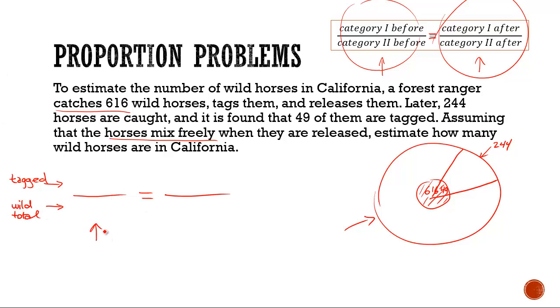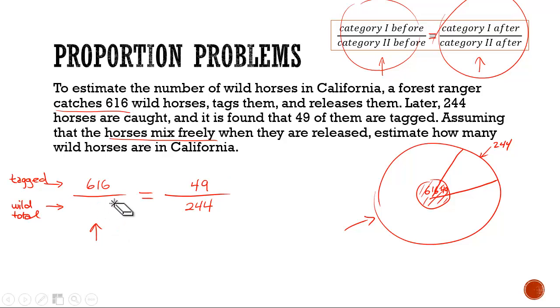And in case 1, instance 1, we don't know how many are total, but we do know that we've tagged 616 of them. So 616 of them out of a total of an unknown amount will be in the same proportion as the total of 244 horses where 49 were caught.